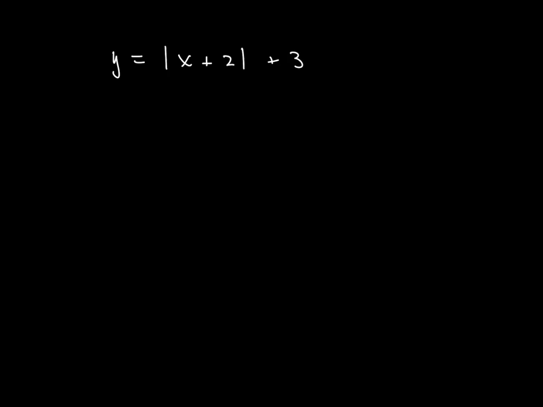All right, so let's start with the vertex, and let's explain why the vertex formula works the way it does. What I want to think about is taking the inside of the absolute value equation and asking myself, where does it equal 0?